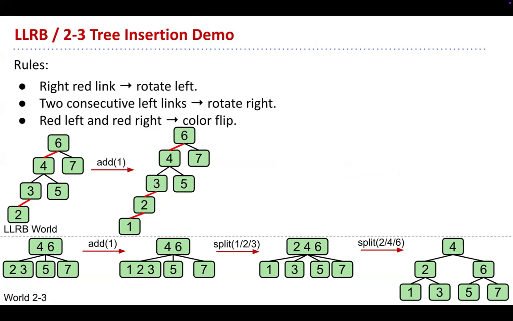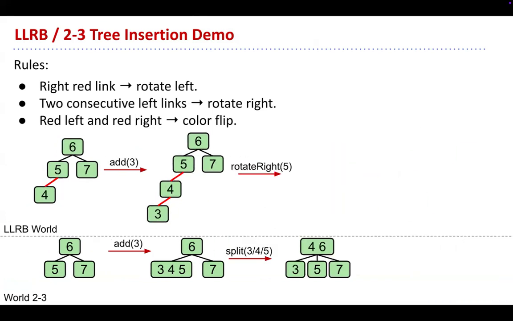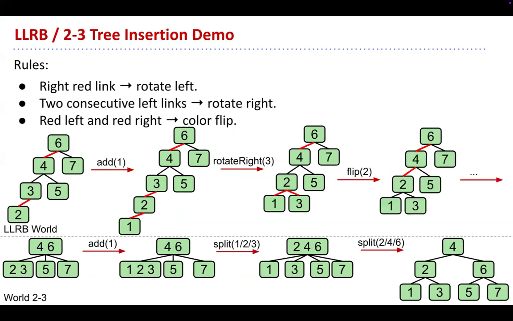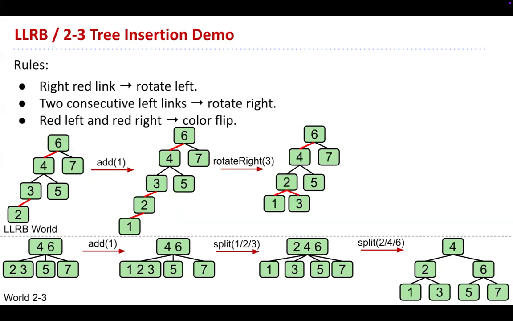Right. So if I come back up to this, what did I do when I rotate right? 5 drops down, 4 comes up, and I end up with 2 red links. I temporarily end up with this. So what do I have to do? Color flip. So we did. So I'm just doing the exact same thing. Anytime you do this, you're temporarily creating this thing that doesn't work.